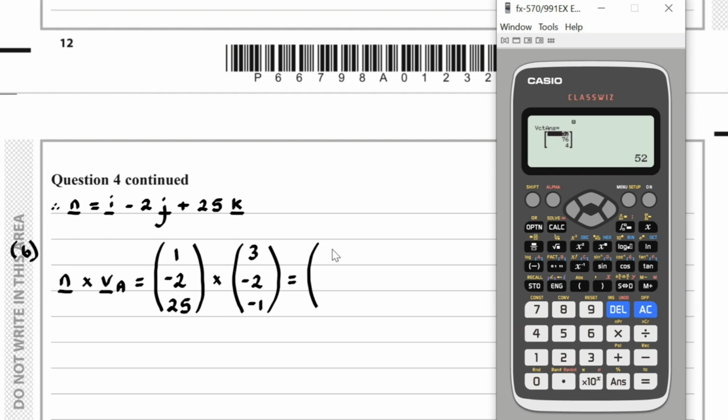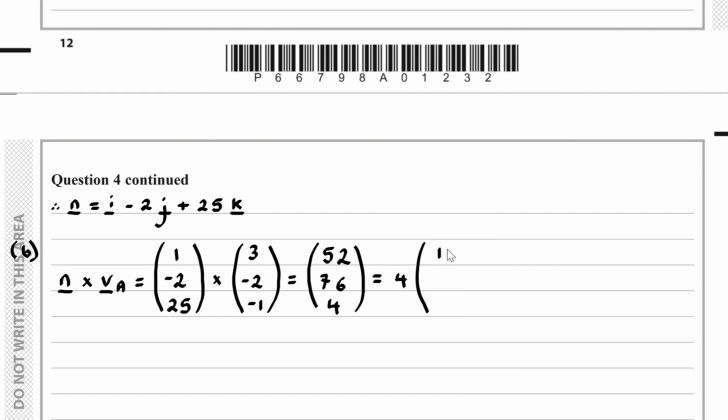So we end up with (52, 76, 4). And if we take out a 4 as a common factor, then we end up with 4 lots of the vector (13, 19, 1). And so we can see here, lambda is equal to 4.